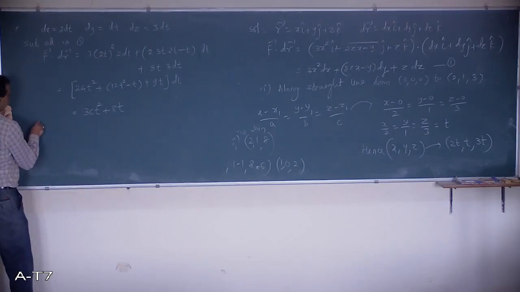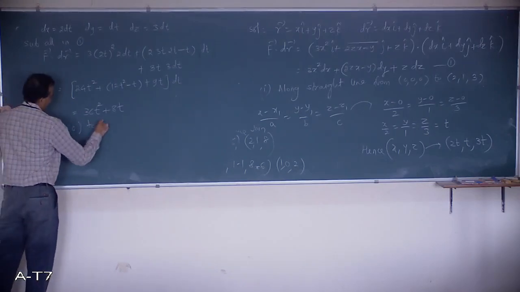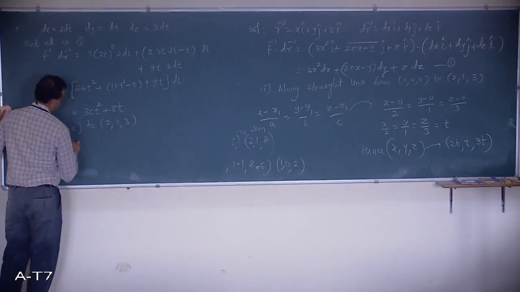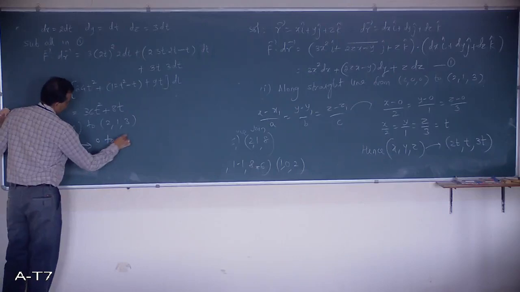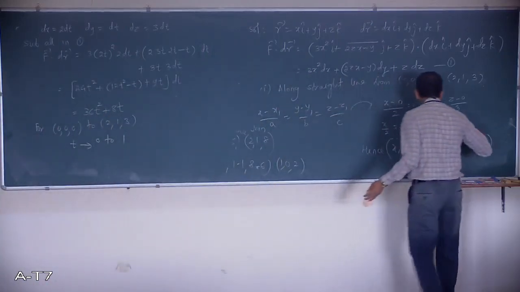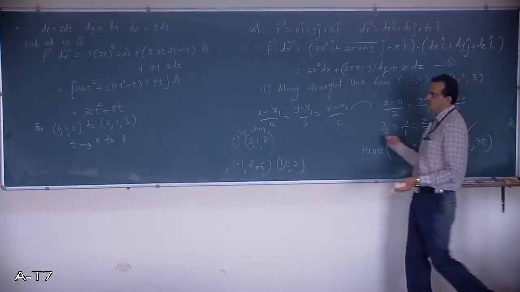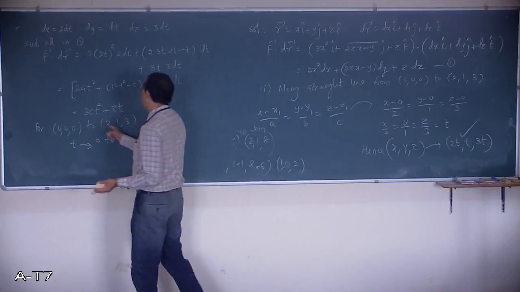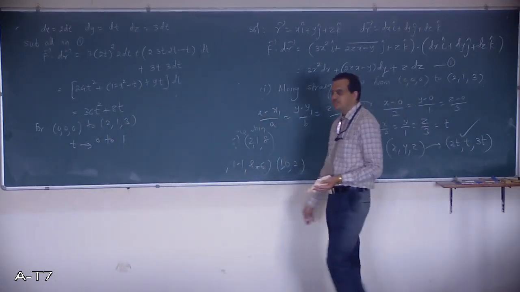So just mention t is going from 0 to 1. Why? Because here it is the relation. When you put t is 0, all will be 0. That's the first point. And when you put t is equal to 1, you get 2, 1 and 3, and hence it has to be 0 to 1.